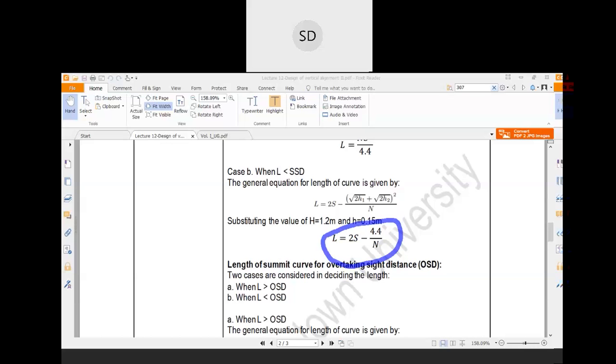So this is the length of the summit curve considering the stopping sight distance.